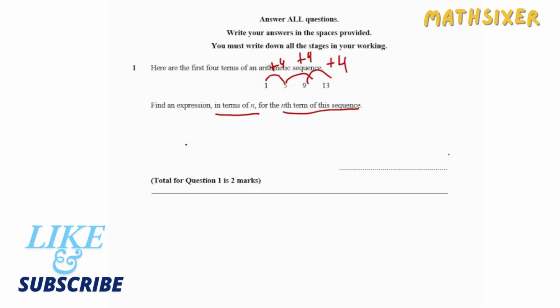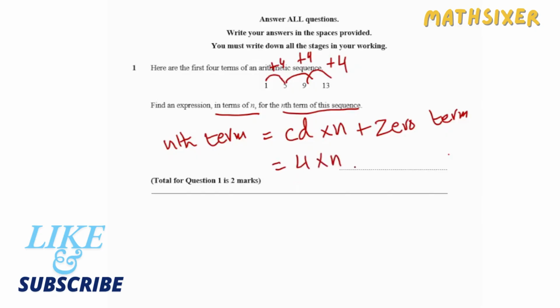So we know what the nth term formula is: the common difference times n plus the 0 term. The common difference is 4, so 4 times n.